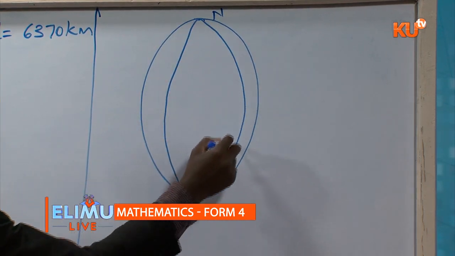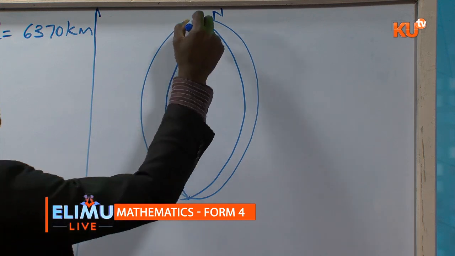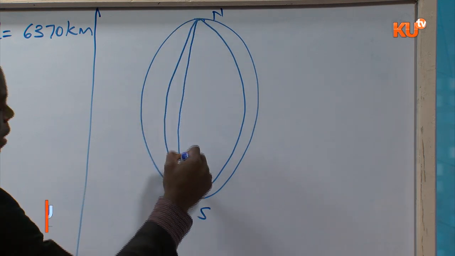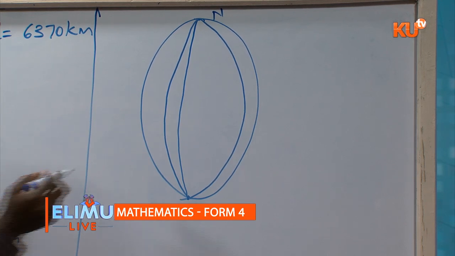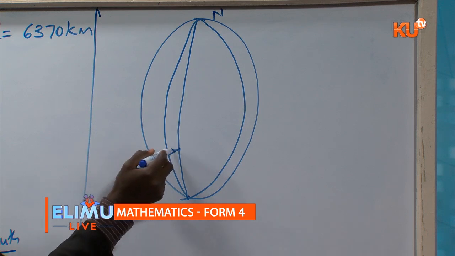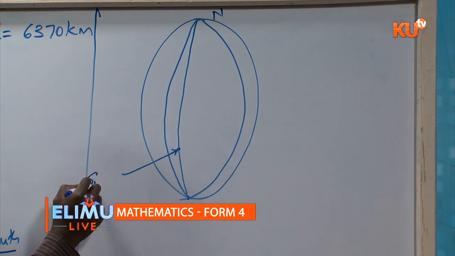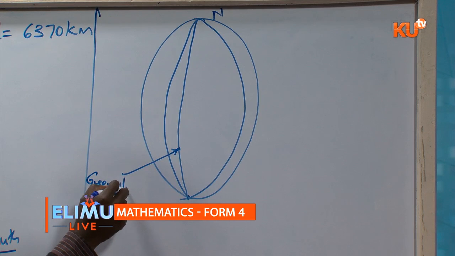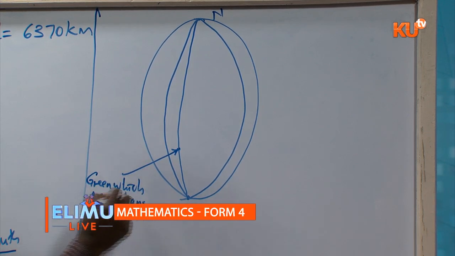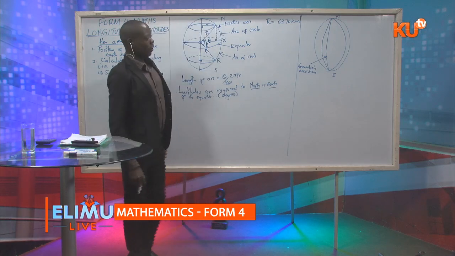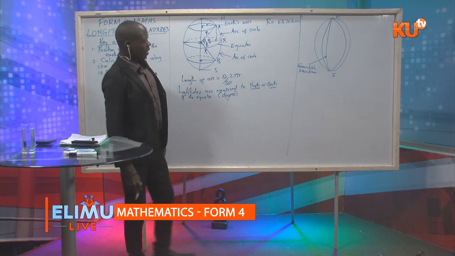They are not measured from the equator, as we do here. We measure the longitudes based on the main meridian line we call the Greenwich meridian. That is the reference point from which we determine all the longitudes.